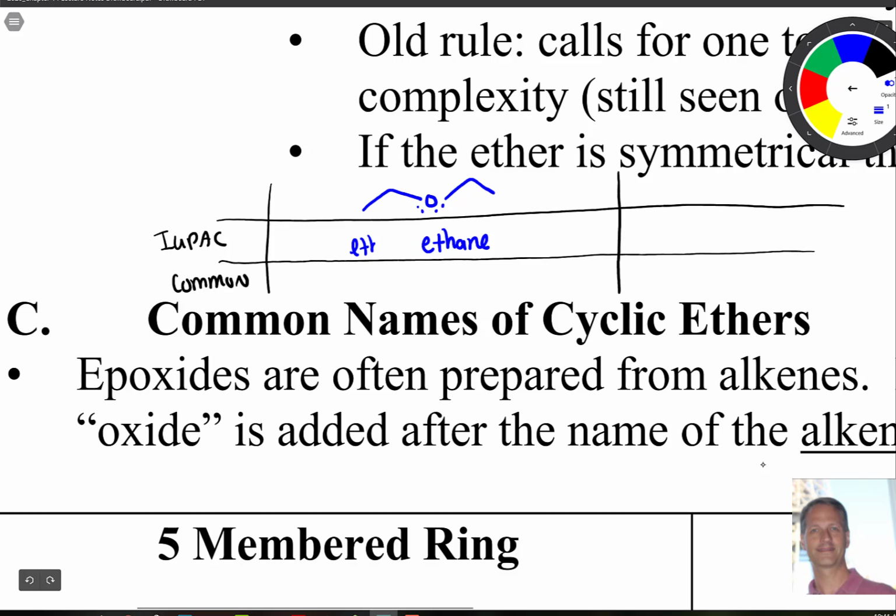So IUPAC of this thing is ethoxyethane. Well, the common name of this is ethyl ether, but because the ethyls are the same, we just combine them together and we call it a diethyl ether.